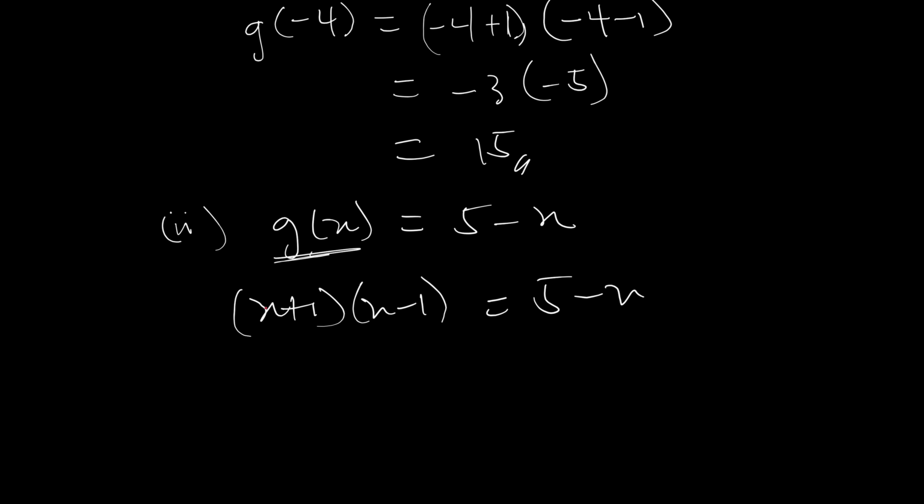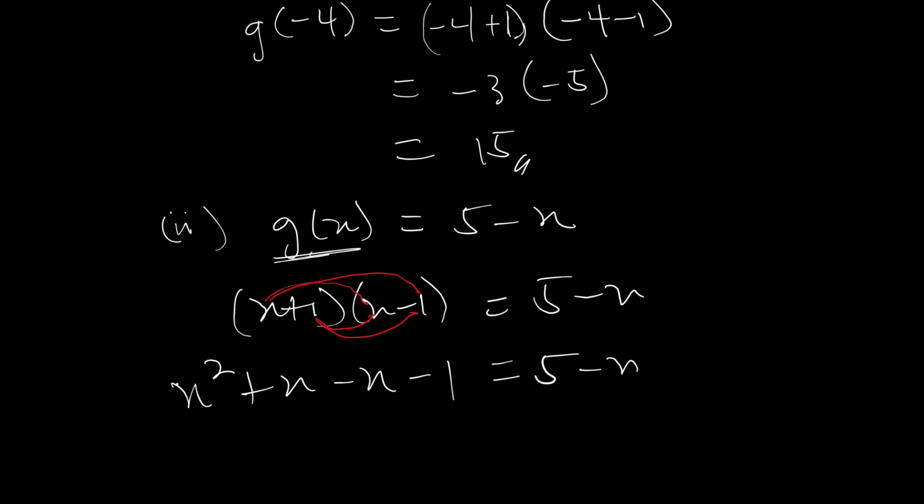Now we can expand to remove brackets, and when we do, each term multiplies each term. So we get x squared plus x minus x minus 1, which is equal to 5 minus x. Now positive x will cancel negative x. We'll be left with x squared minus 1 is equal to 5 minus x.